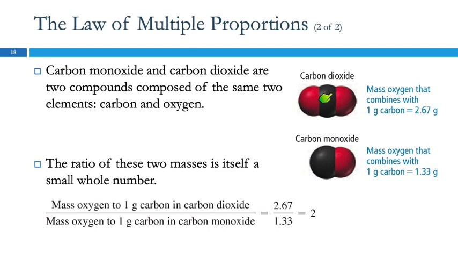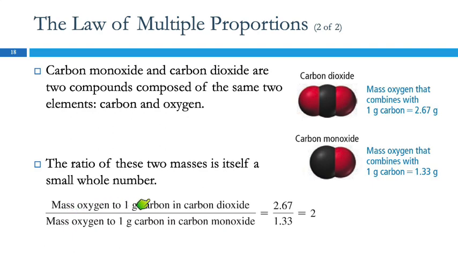So here we have carbon dioxide, and here we have carbon monoxide. And so if we look at the ratio of oxygen to carbon, it's 2.67 grams of oxygen will react with 1 gram of carbon. And in carbon monoxide, it's 1.33 grams of oxygen reacts with 1 gram of carbon.